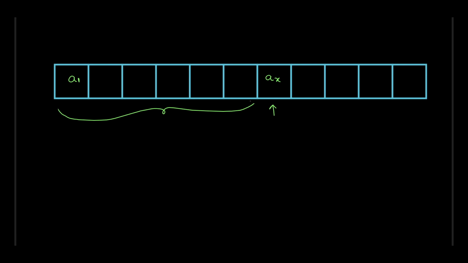An element can only be inverted with an element to its left, not to its right. So you might wonder, why are we adding this artificial constraint that this element will only be inverted with an element to its left? Because we want to avoid double counting. If you say that this is inverted with this as well as this, then when you are at this element a of x you add this contribution for both of these curved lines, but when you arrive at a of y, you will add this line again, right?